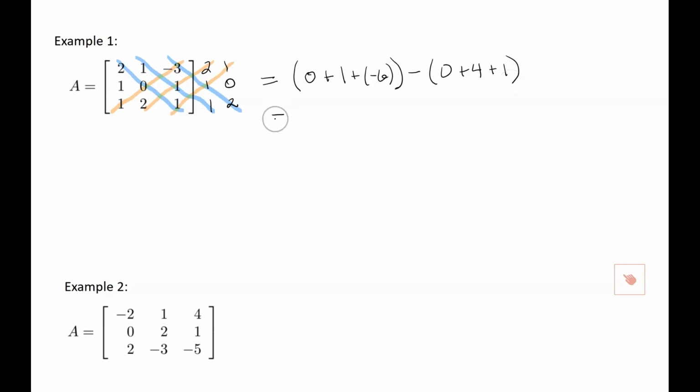And if I put this all together now, I'm going to get negative 5 minus 5, so that's negative 10. So the determinant of A is equal to minus 10.